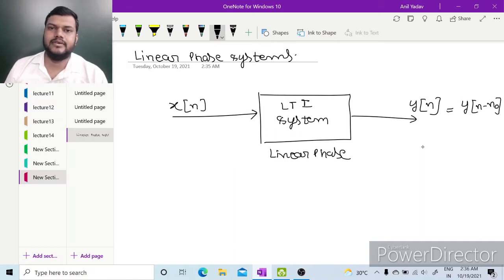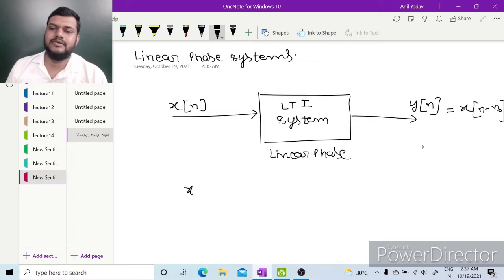Let us say n0 is some time by which the input is delayed at the output. So its output will be x of n minus n0. x[n] delayed by n0 means x of n minus n0.